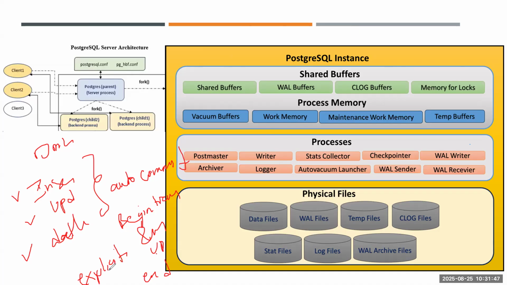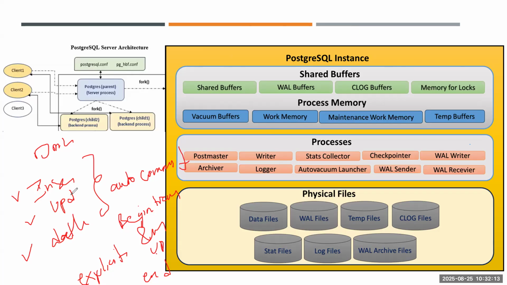When we are passing it between begin tran and end transaction, it falls under explicit transaction. When you are directly inserting, updating, deleting, it falls under auto commit, meaning automatically it will commit the data.